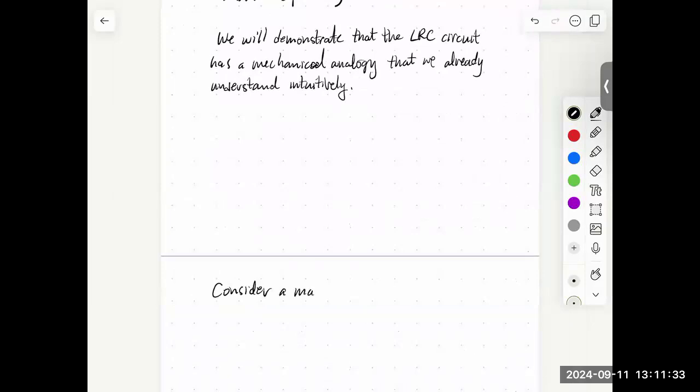a mass hanging from the ceiling by a spring. So our mechanical analogy will be a mass on a spring. And I'm going to add one more thing. The mass is going to be suspended in some kind of fluid.